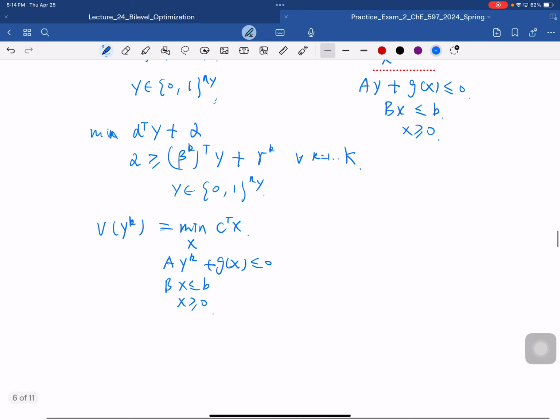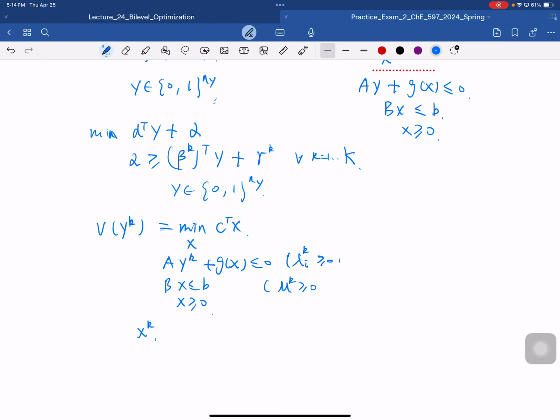So let's suppose the optimal primal is called x_k, and then for each of these constraints, the optimal dual is lambda_i^k greater than or equal to 0, and this is, let's say, mu^k greater than or equal to 0, right here.